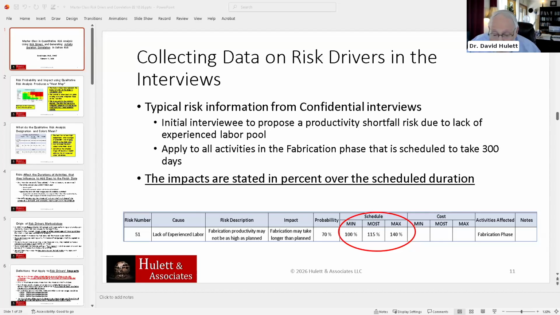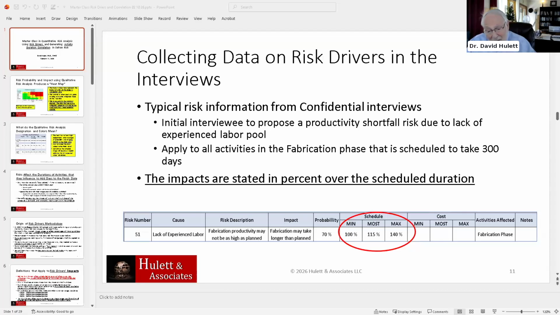And I hear somebody in the back of the room, I'm sorry I can't see your face, but somebody in the back of the room says, that's wrong. That's wrong, because the most likely has to be 100. It has to be the number in the database. And I say, well, I don't think that's right. Not necessarily, because this person anyway thought that the duration estimates were the very, very minimum. They were being viewed as what it should take rather than what it will take.